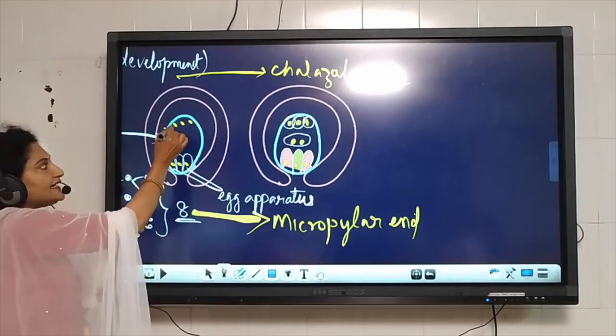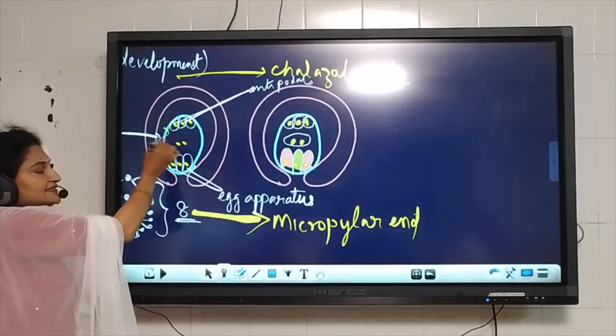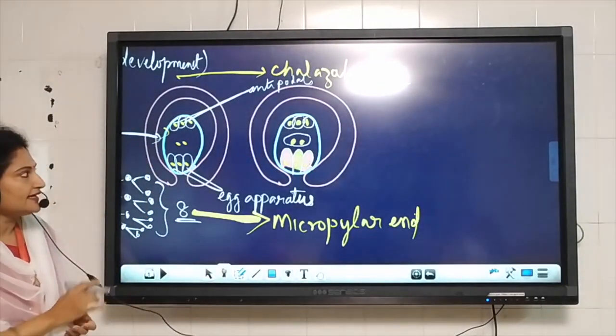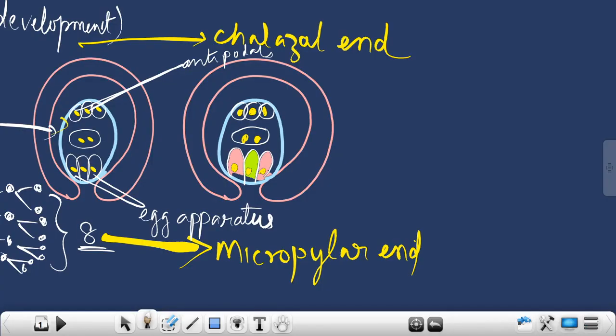At the chalazal end, again 3 separate cell walls are laid: 1, 2, 3, and these 3 cells constitute the antipodals. And in the center, there are the 2 polar nuclei. It is surrounded by a common cell wall, unlike the others, and this is called the central cell.